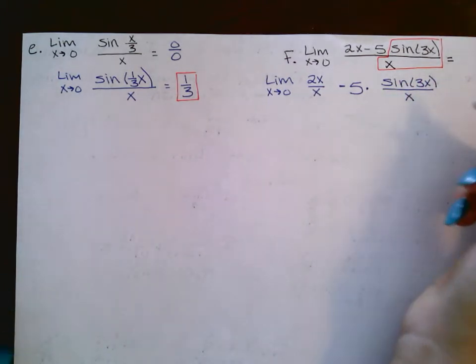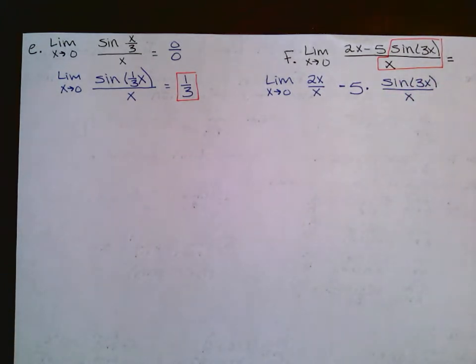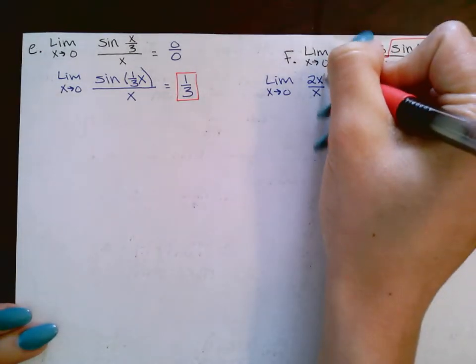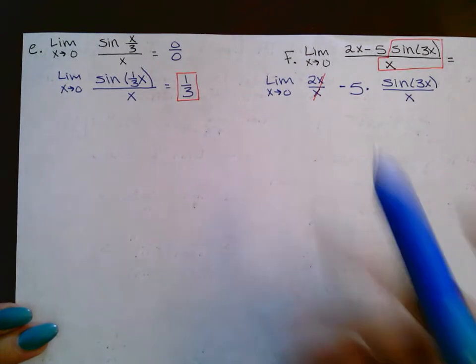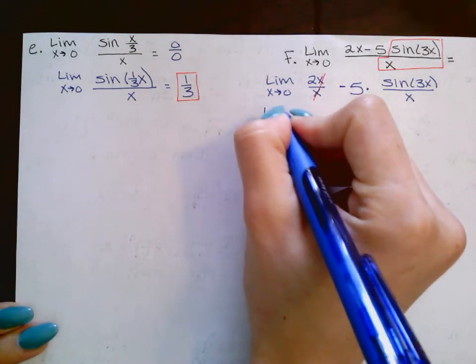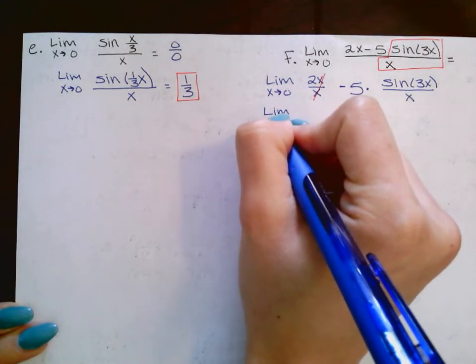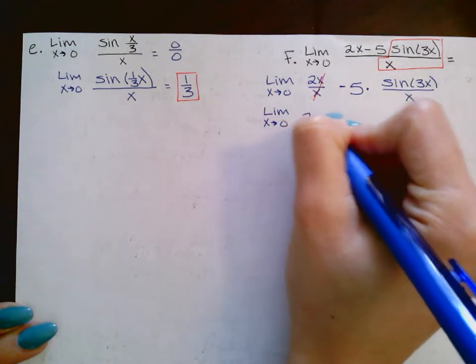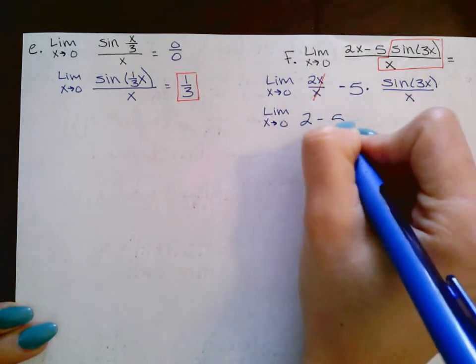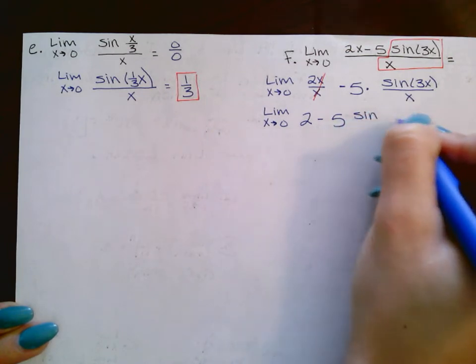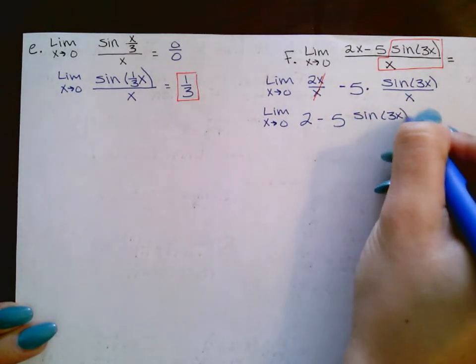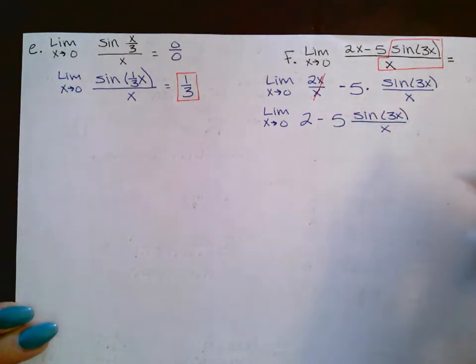So all of this rewriting is allowed as long as you follow your rules. Notice here, these x's reduce. So I'm technically writing the limit as x approaches 0 of 2 minus 5 times sine of 3x over x.